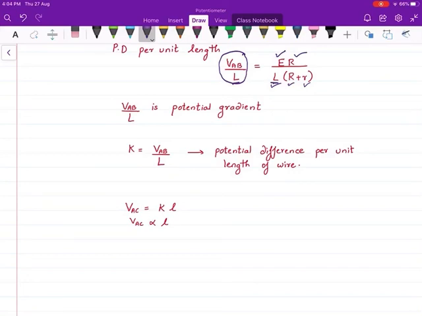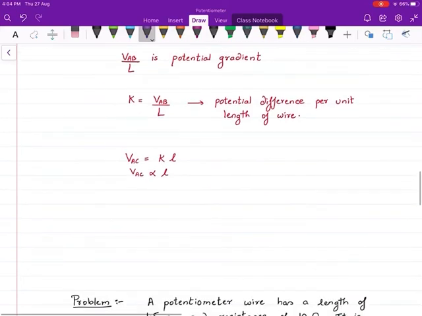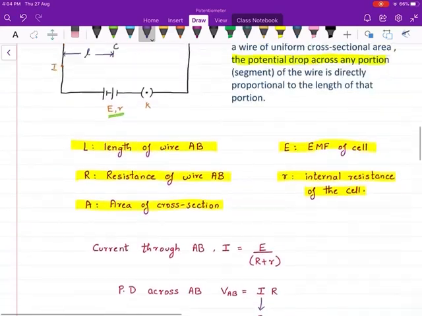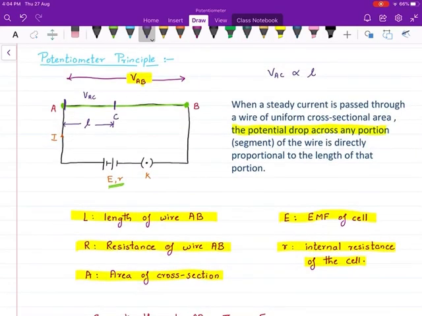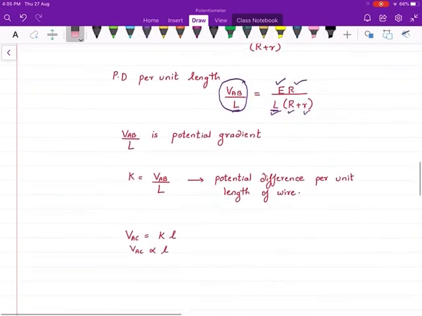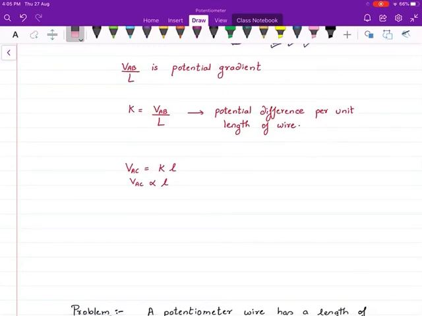Right? Now let's try to find this VAC. We wanted to prove that VAC is proportional to l, no? So let's try to do that. Okay, so what will be the potential drop across VAC? I can use the same thing. If for unit length the potential drop is K, then for length l, what will it be?